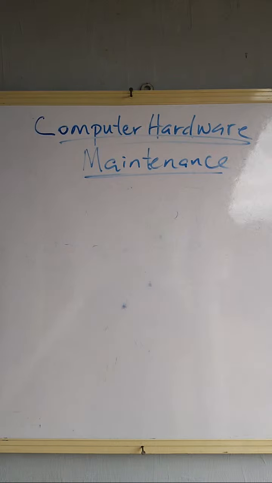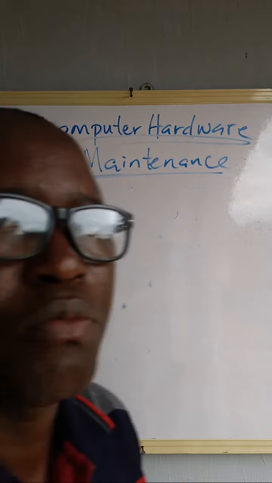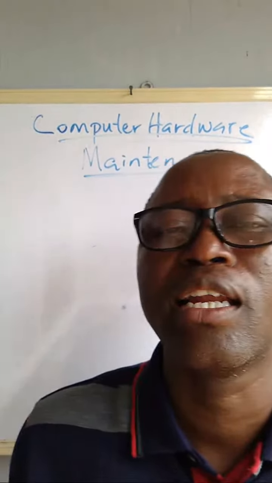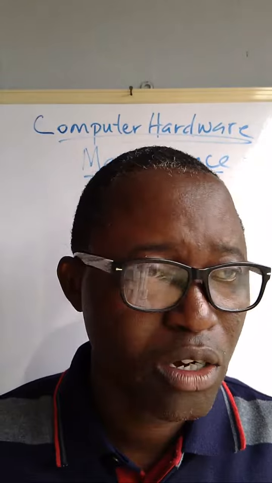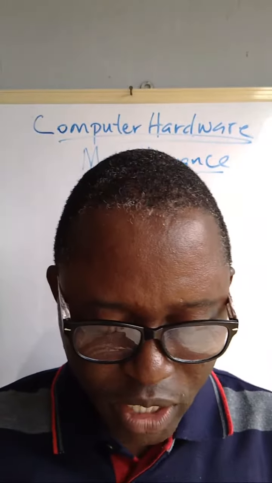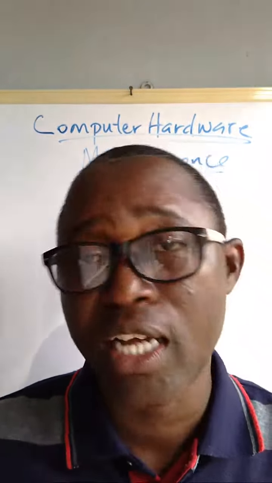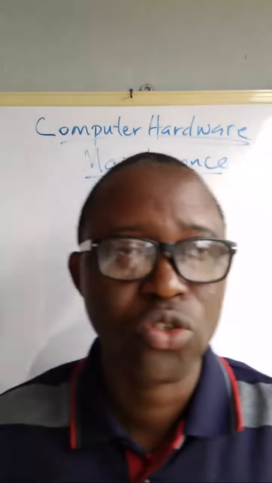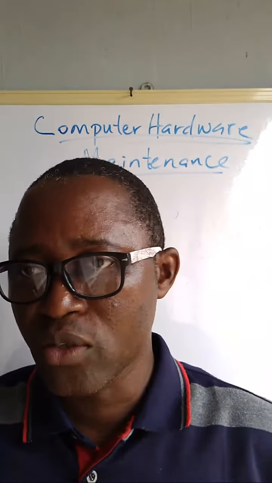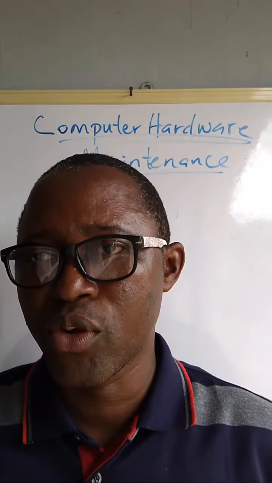Now, the computer system is an electronic device that utilizes hardware and software components to make it function well. Both hardware and software require maintenance, as you might know. So we need to maintain both hardware and software components.